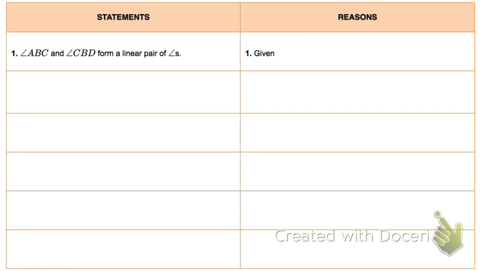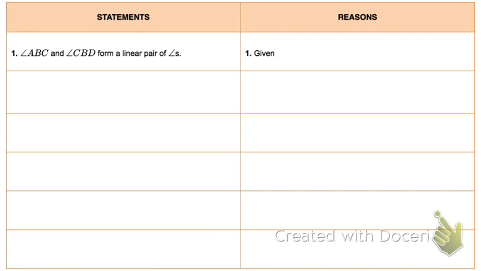So when you are doing a proof, you always start off with what they're giving you, what they're telling you is true. We don't have to prove this. They told us angle ABC and angle CBD form a linear pair of angles. That is given. Now, you have a geometry manual that is in your online course in the resources at the top, and also I have posted in several places in my Google Classroom.